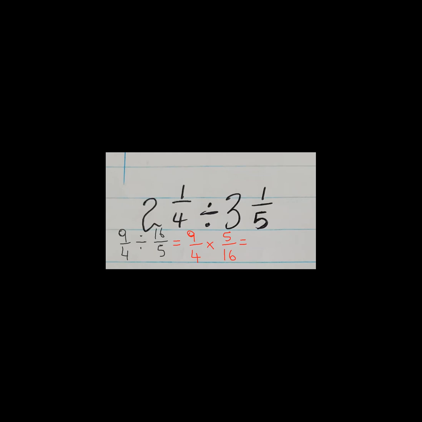No. Follow? So we cannot cancel anything here, so we have to multiply. What is 5 times 9? 45. Excellent. And what is 4 times 16? 64.